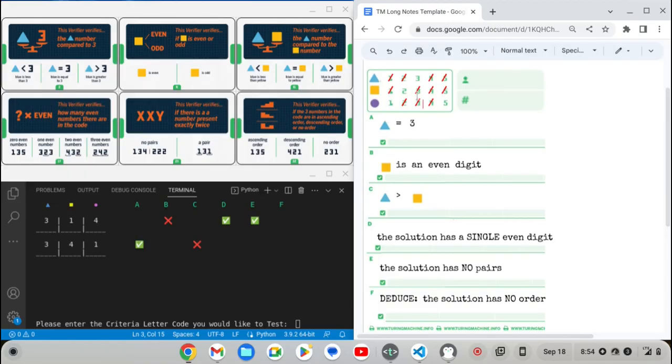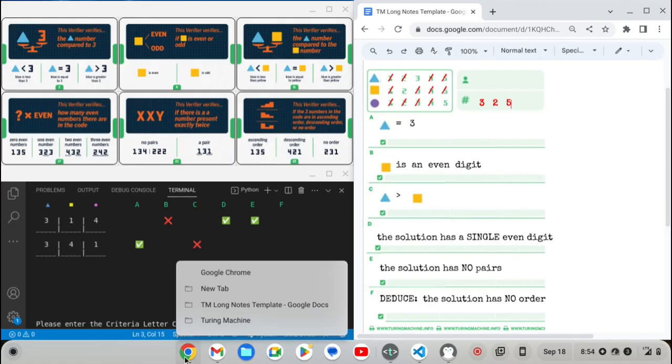So again, based on criteria cards C and F, how we discussed it, it should have no order. So I'm going to say that the solution should be 3, 2, 5. Let's type that up. And again, we are deducing that it has no order based on criteria cards C and F.